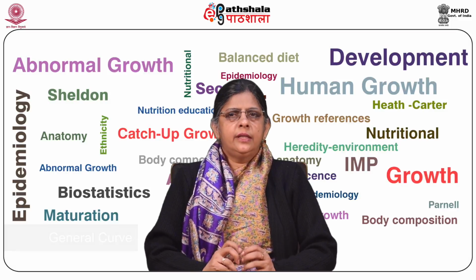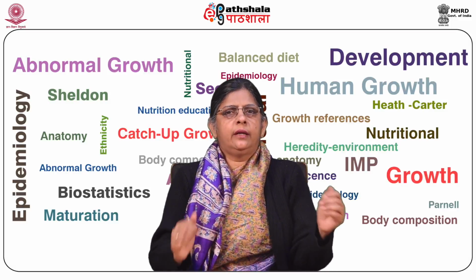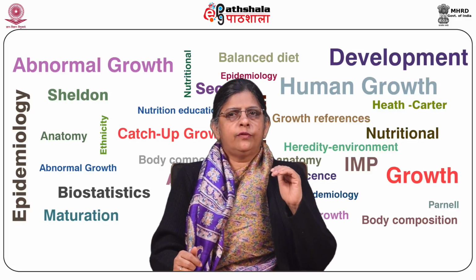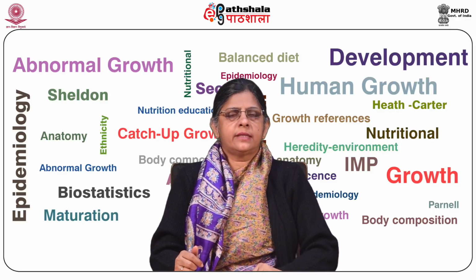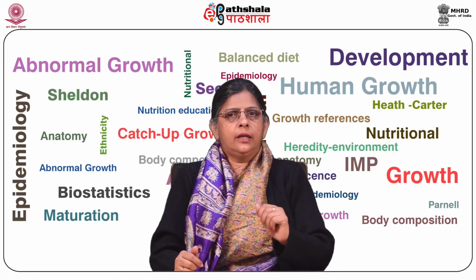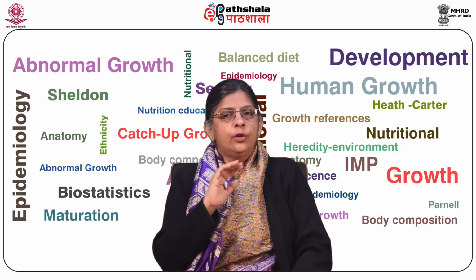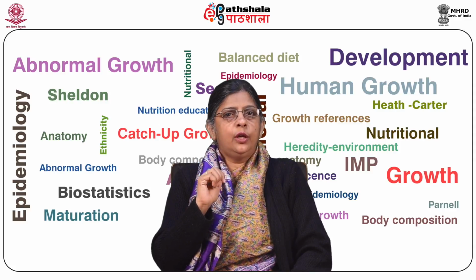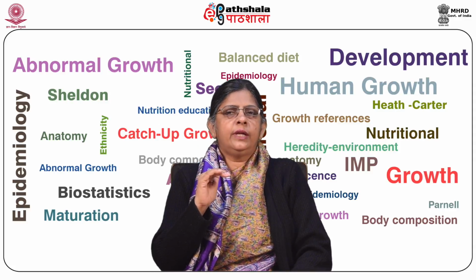General curve. The general or whole body curve describes the growth of the body as a whole and growth of most of its parts, the growth patterns of stature, weight and most external dimensions of the body. They follow a curve which is perhaps not very different in principle, though striking so in effect.